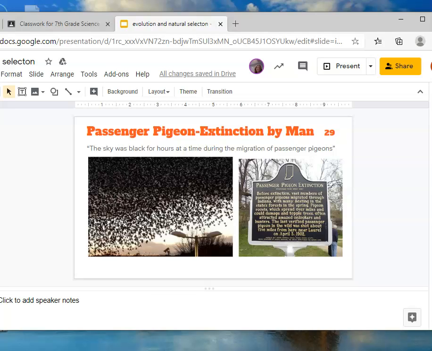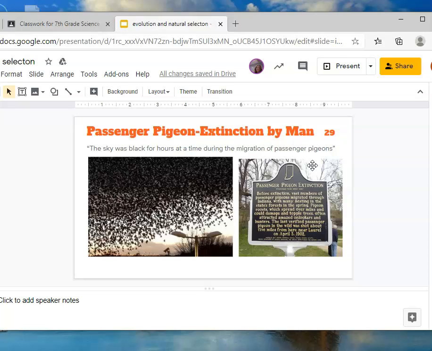As you can see here, there are many birds. One person once said the sky was black for hours at a time during the migration of passenger pigeons. Passenger pigeon extinction: before extinction, vast numbers of passenger pigeons migrated through Indiana, with many nesting in the state's forests in the spring.